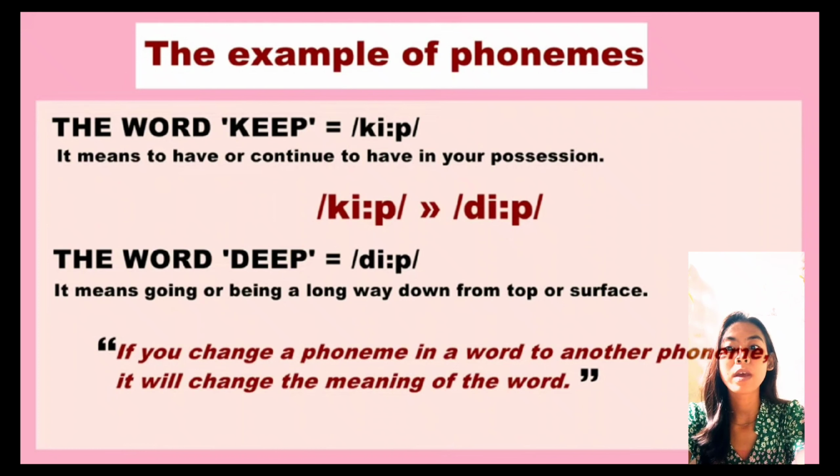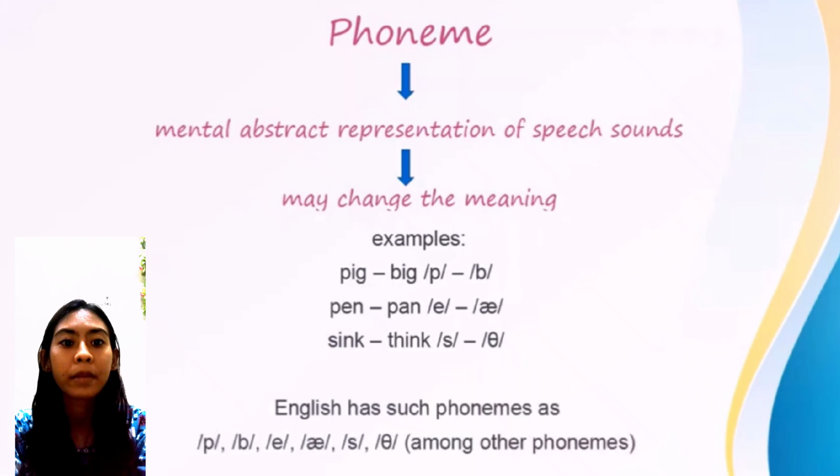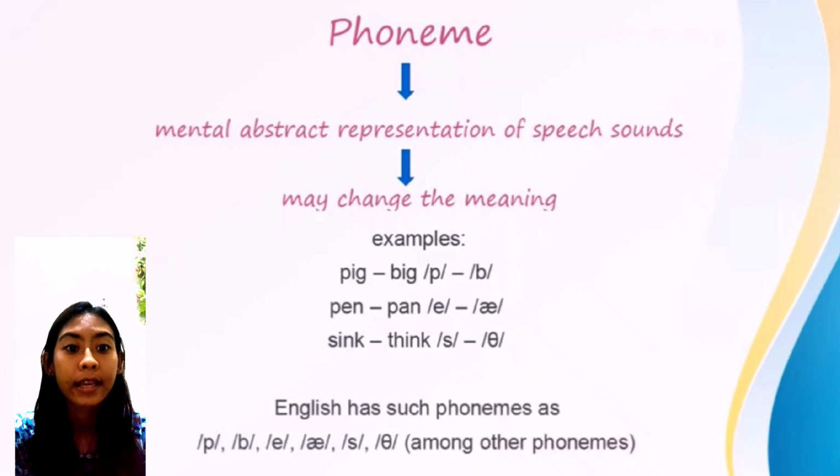If you change a phoneme in a word to another phoneme, it will change the meaning of the word. A phoneme is a mental abstract representation of a speech sound and might change the meaning. For example, pig and big using p and b. Pen and pan using e and a. Sing and thing using s and th.